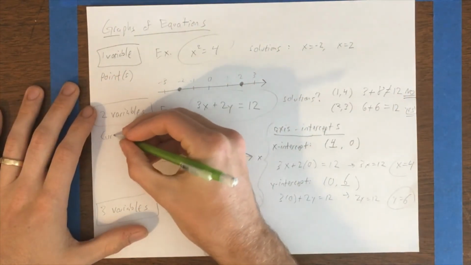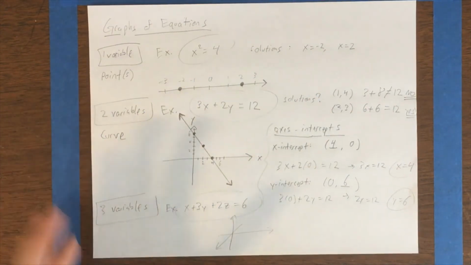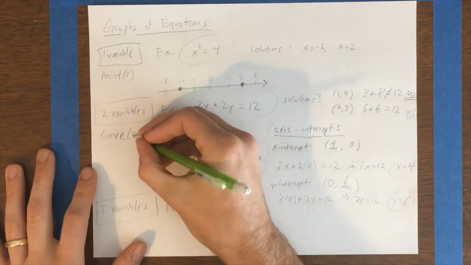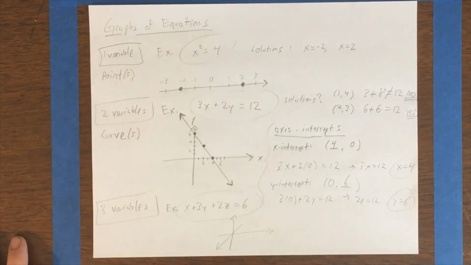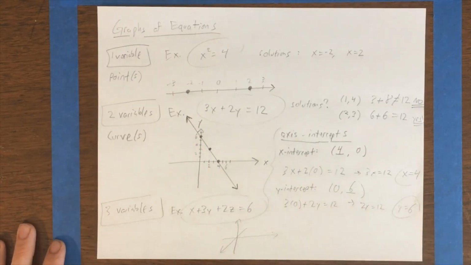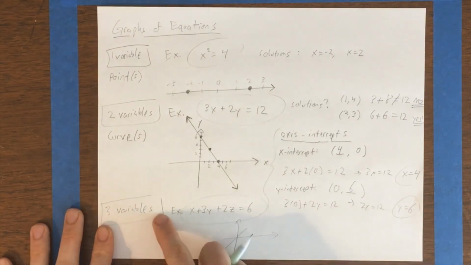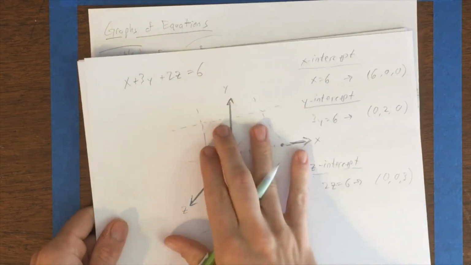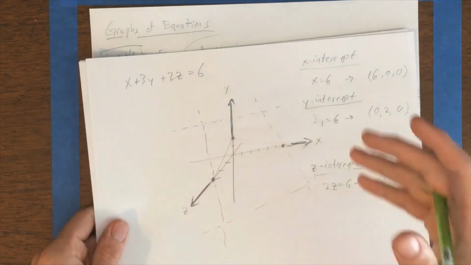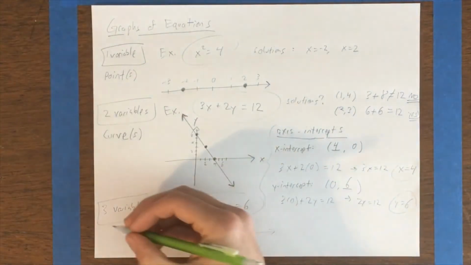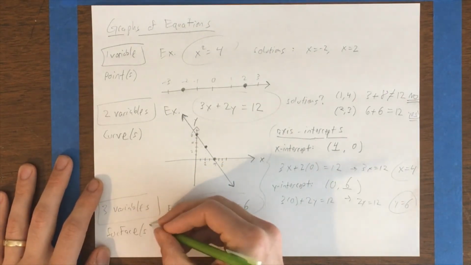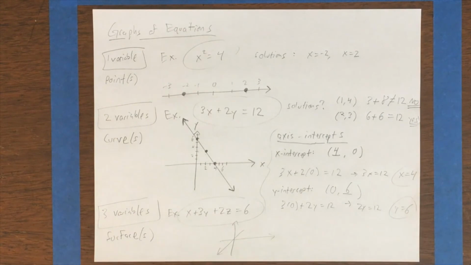The more general word would be a curve of some kind. It could be more than one curve, actually. There are lots of different types of things you could have there. And then in the 3-variable case, as we saw here, this was a plane, but it could be some curved thing, which you call a surface, or potentially more than one surface, which satisfies that equation.